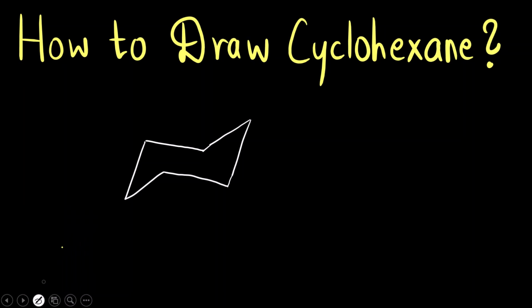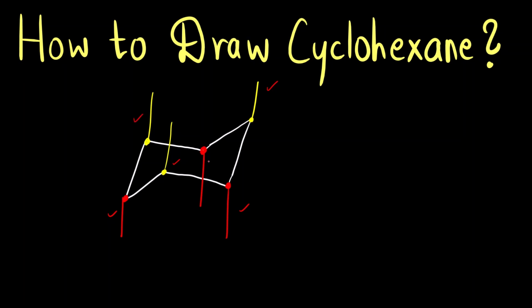As I told you, the three carbons 1, 2, and 3 are slightly above as compared to the other three carbons. So here the axial bonds will be above the plane like this, and for the remaining three carbons which are slightly lower in position, the axial bond will be lower like this. So it is alternate: above, lower, then again above, then down, then up, and again down. In this way you can draw the axial bonds.